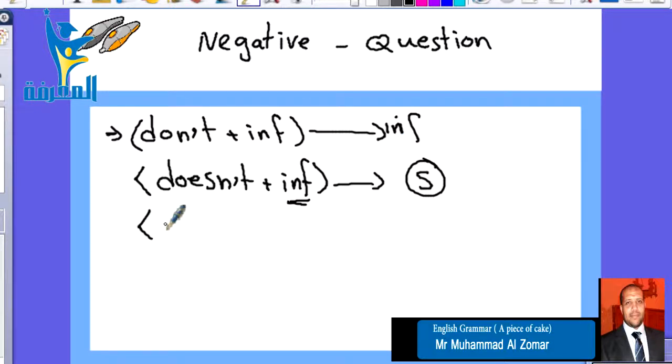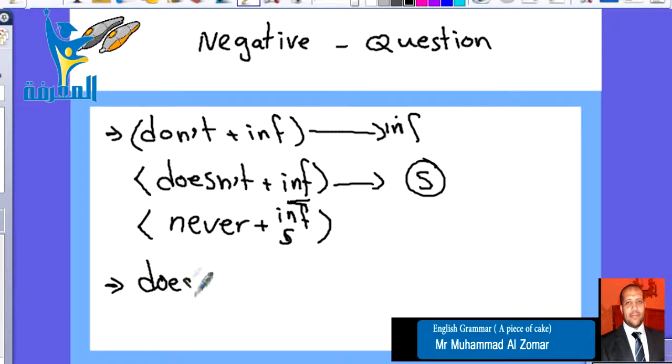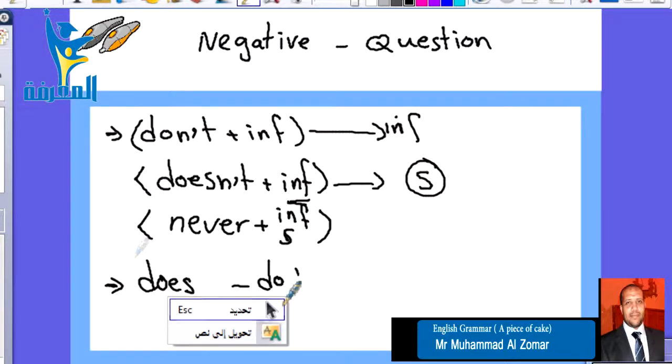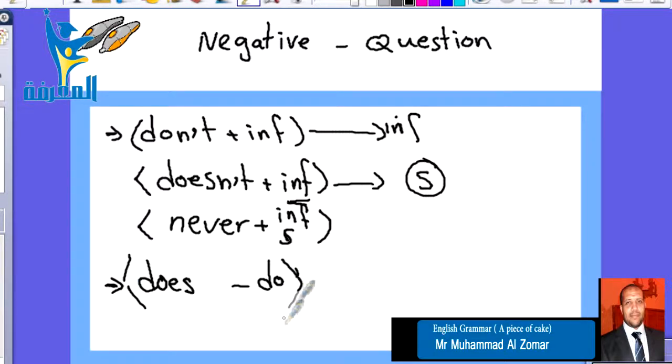And we could use never plus infinitive, or plus S with each verb. For a question, we shall use does or do. But if you use does or do, you shall put the verb in the infinitive shape.